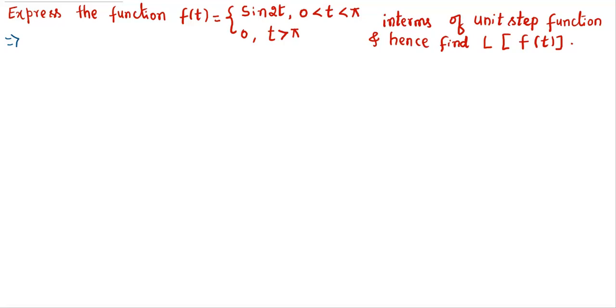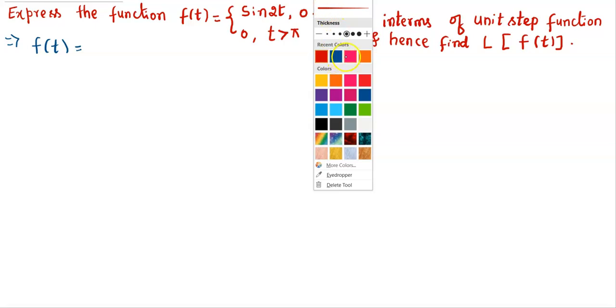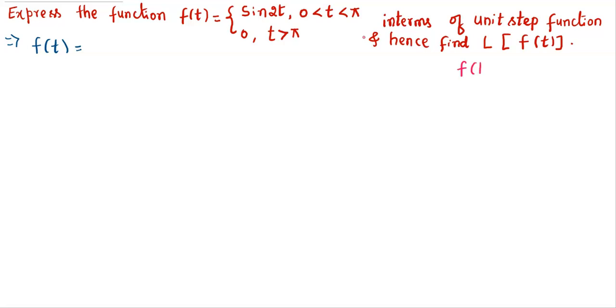So let me express this as f of t equal to, see, sine 2t is the first function of t. We have the property that, suppose the given function is discontinuous.